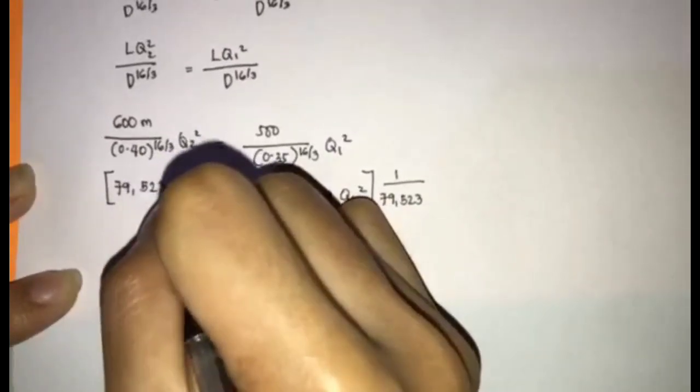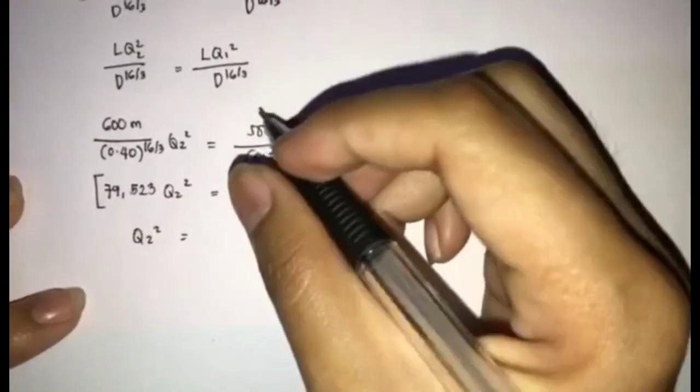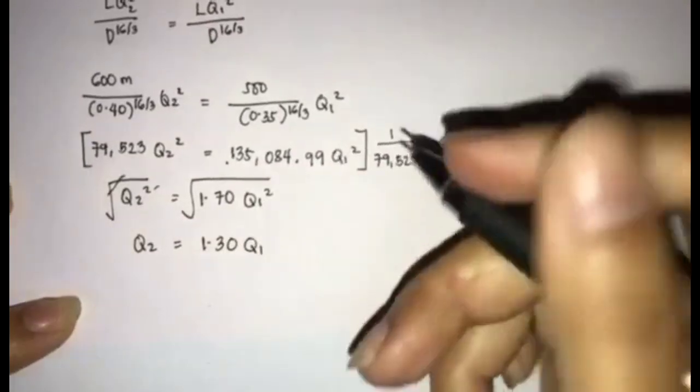So, Q sub 2 squared is equal to 1.70 Q sub 1 squared. To simplify, we square root both sides. So, Q sub 2 is equal to 1.30 Q1.